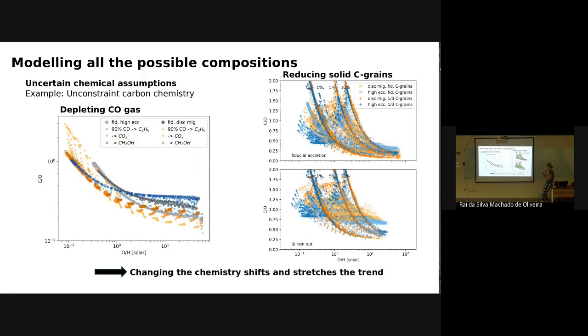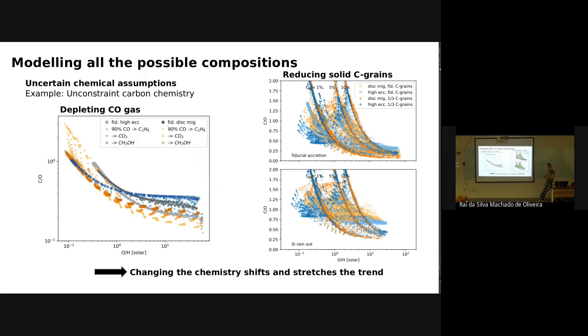Now, another thing that we just take for granted is we just say, okay, we have one solar abundance of material that we distribute. Somehow we have CO gas as one of the main carriers of carbon and oxygen in our system. It's basically everywhere and it's nice and neat.